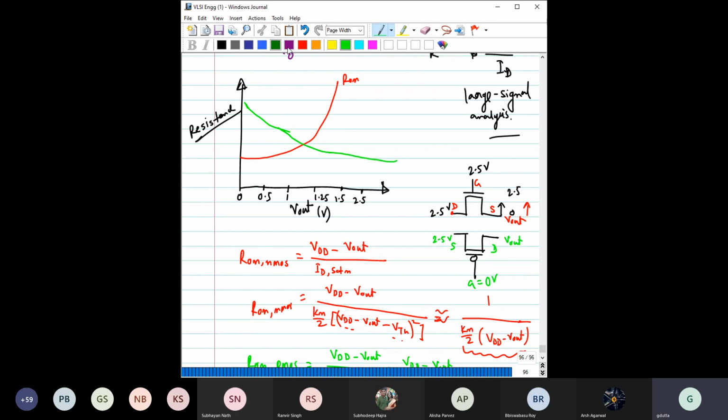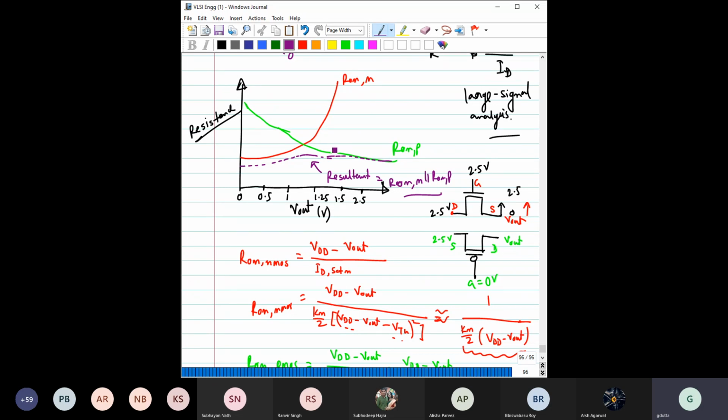This is R on P, this is R on N, and the resultant would be somewhat like this, aligned almost with this. This is basically R on N parallel R on P, right? Please check whether you are getting this nature.